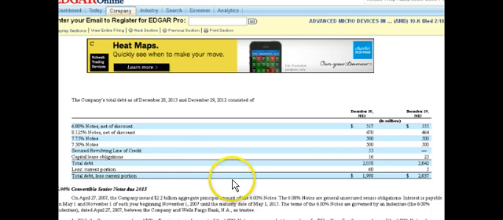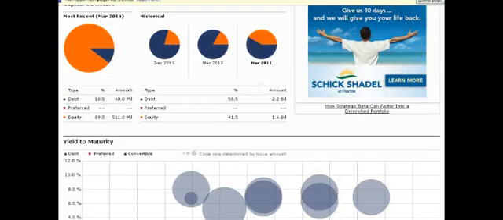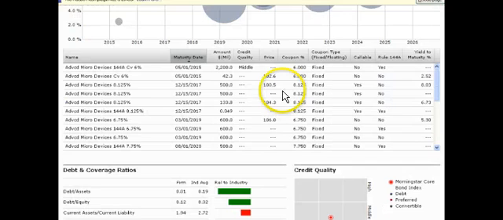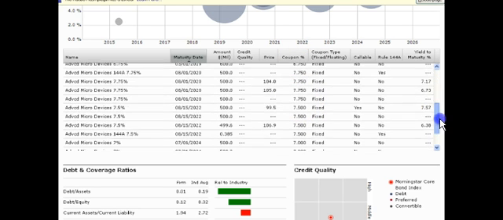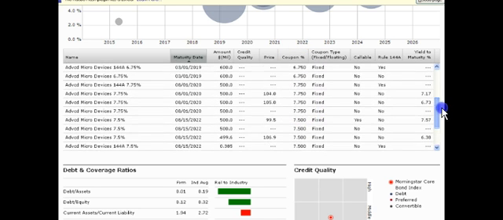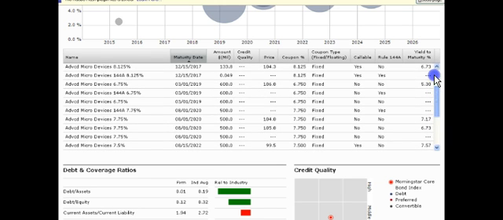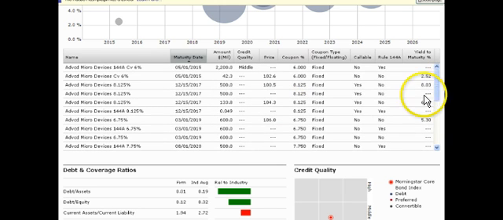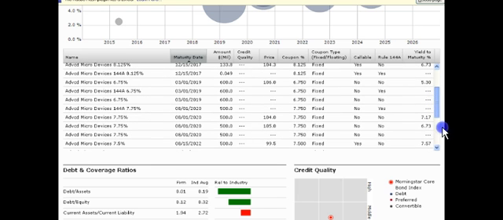And then we're going back to Edgar. And this is the breakdown right here, coupon. 6, 7.25, I saw that here somewhere. We got 6% coupon rate, and we got 7.5.